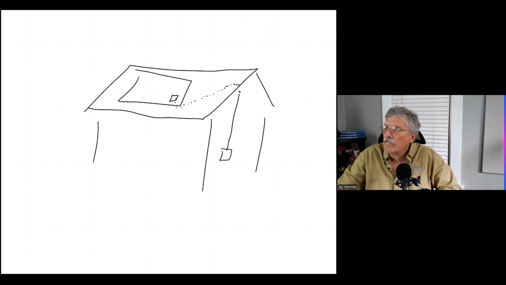The meter, the electric meter might be right here. Then this goes back into the building, goes into the basement, and in the basement, we now have an inverter, and the inverter connects back out and goes to an AC disconnect, which is required to be out next to the meter within 10 feet.